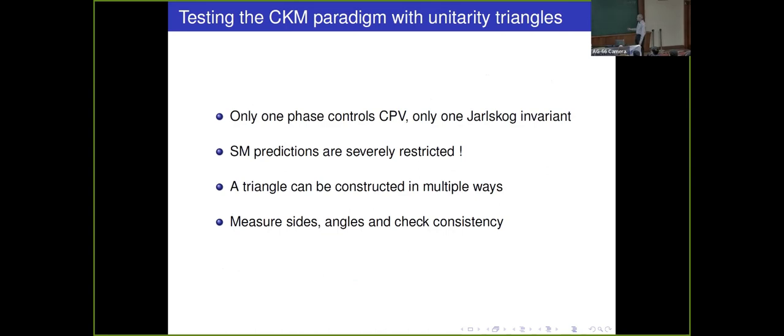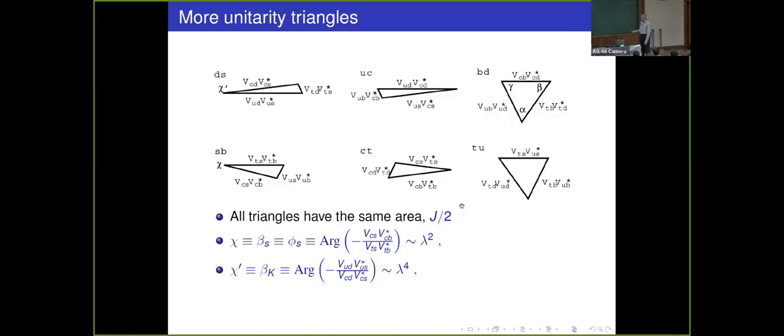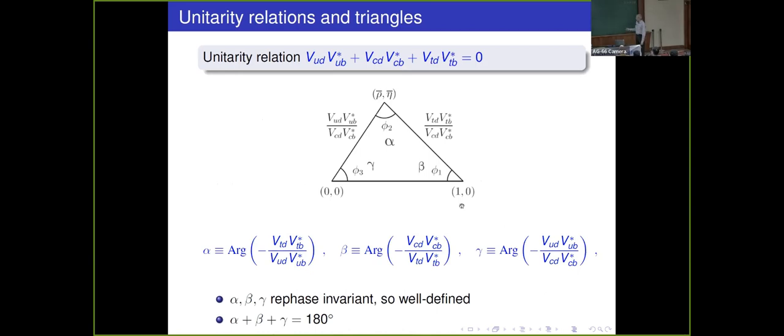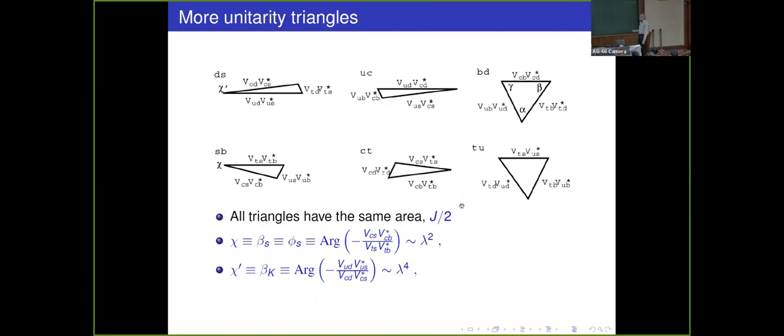We know that there is only one phase that controls CP violation, so only one Jarlskog invariant, and therefore we are going to try to reconstruct this triangle in many ways. We'll draw it in the plane of rho and eta, because the vertex of this triangle is rho and eta. Since time is short, I will very quickly show you some of the major measurements that have tried to find the vertex of this triangle.